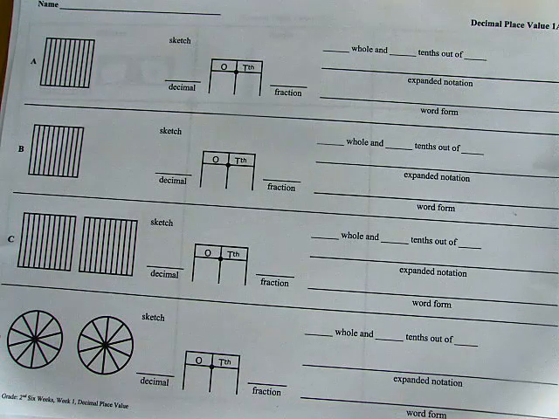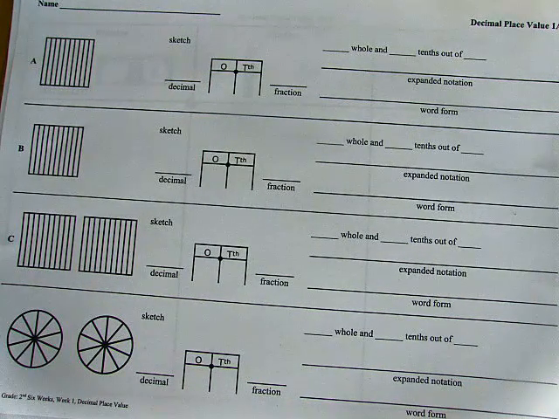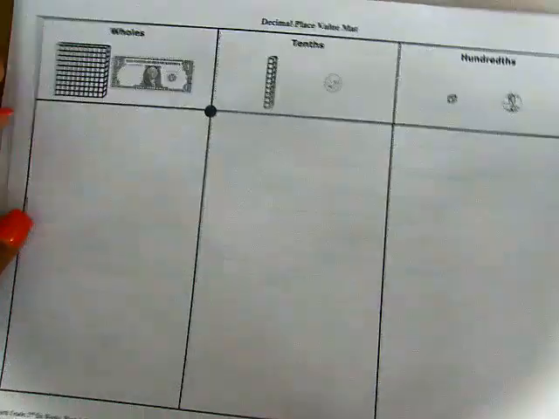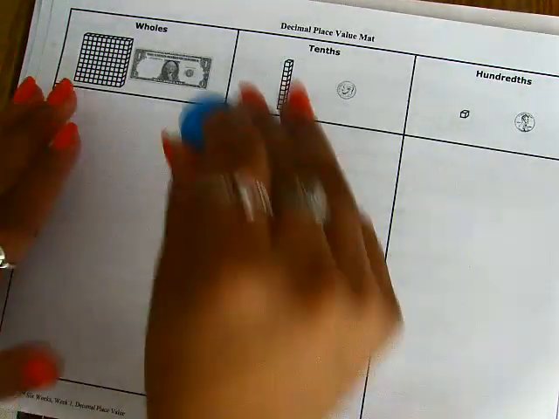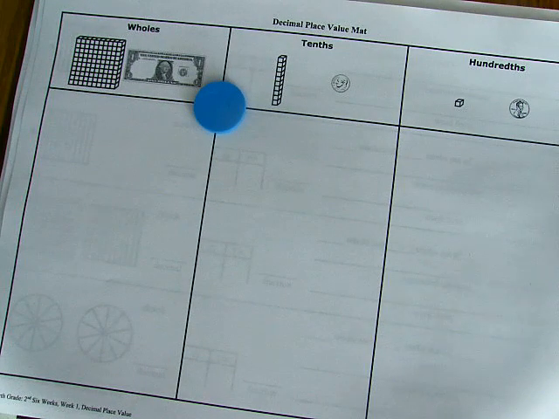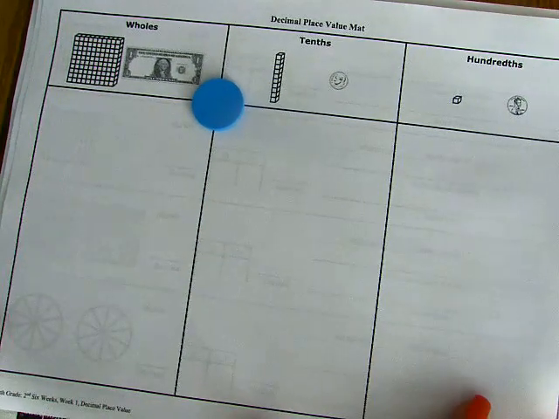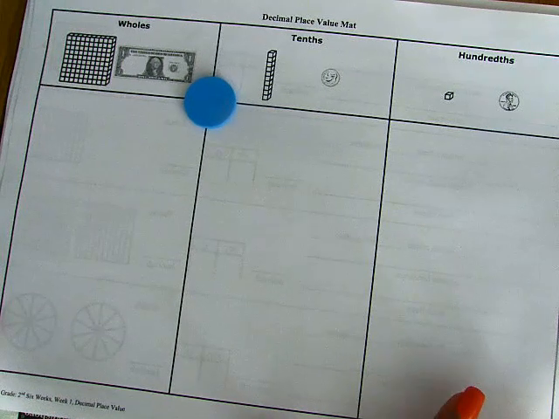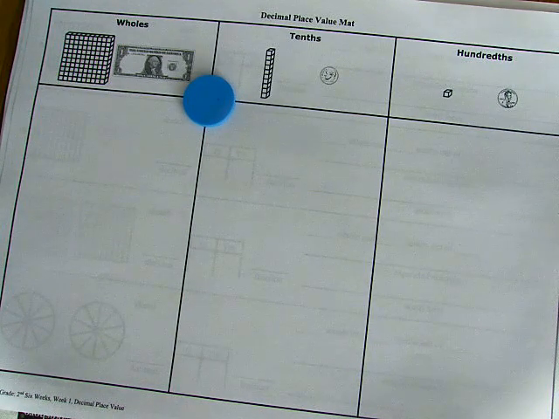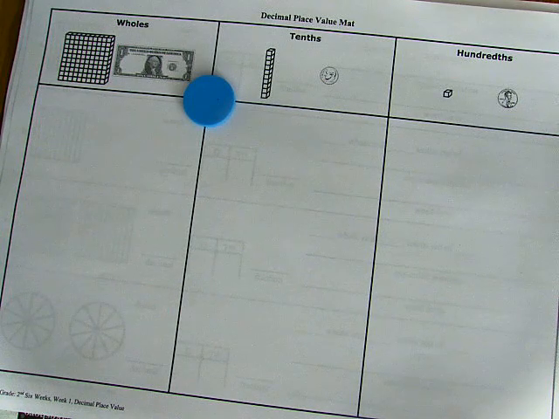Now I want you to go ahead and grab your 1/8 worksheet, I'm sorry, and I'm going to go along with you. So I want you to build 6 tenths. So we're going to have our decimal placemat, and I'm going to put this blue decimal right here, bright in center, because remember, this is separating my wholes from my decimals. So here, if I want to build 6 tenths, I'm going to be using my rods.